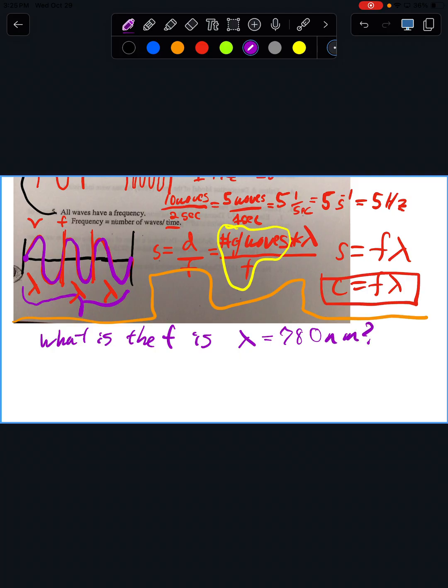What is the frequency if the wavelength is 780 nanometers? If you ran out of space, just put it on the next page. We're not going to use all the next page. So what is the frequency if my wavelength is 780 nanometers?